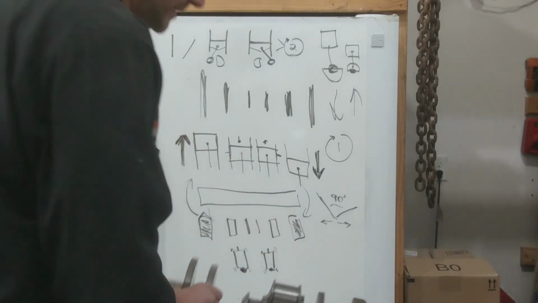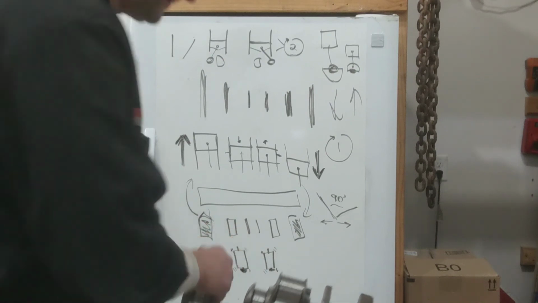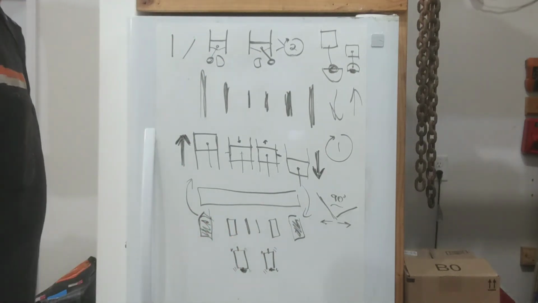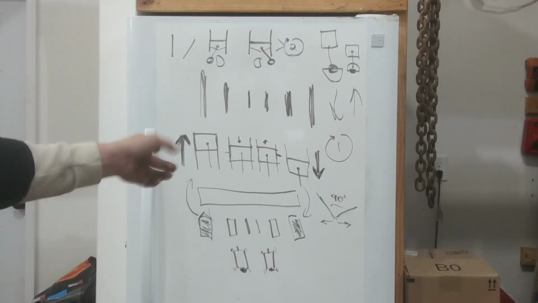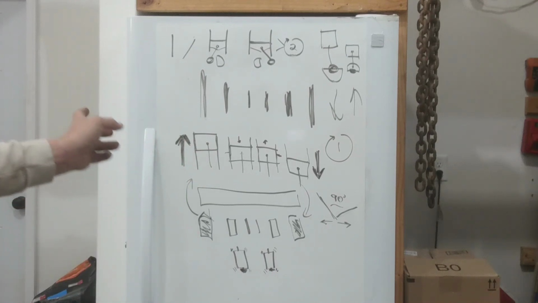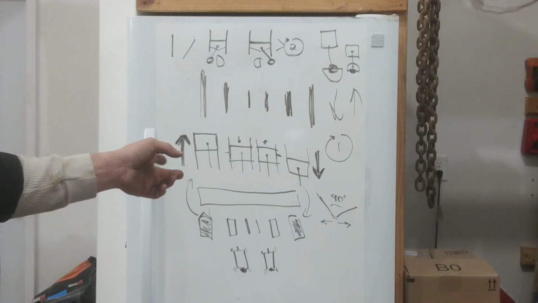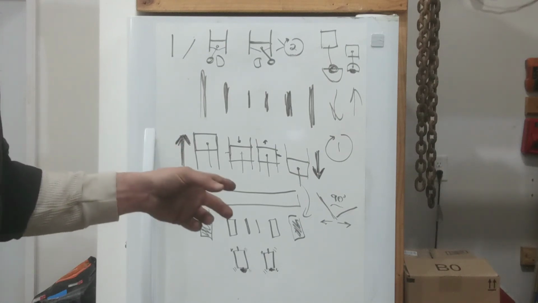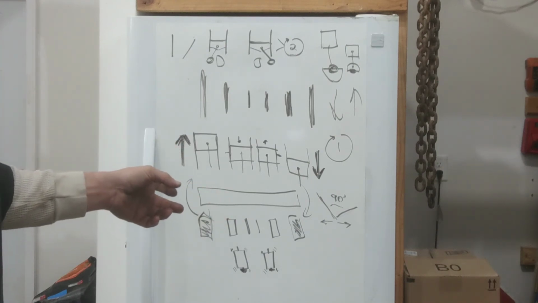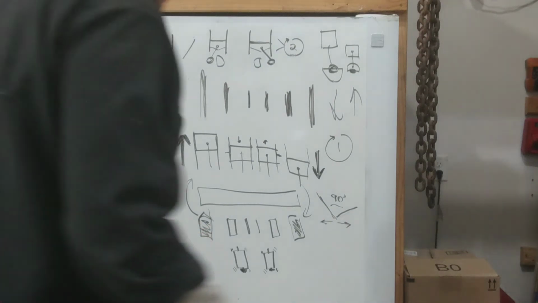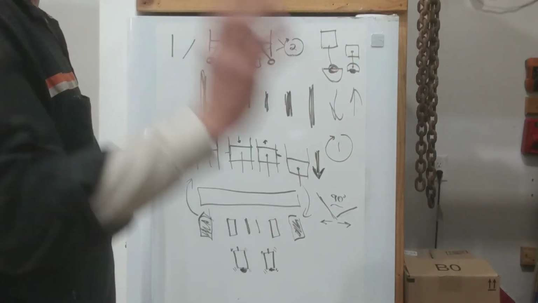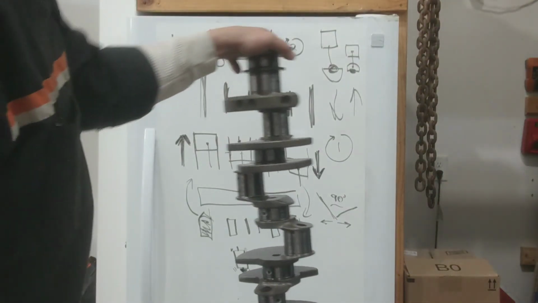But this is a cross-plane crank, so it's going to have that rocking couple. You want to get rid of the rocking couple? Get a flat plane. And if you really want to screw things up, get a Ford flat plane. That's a whole other story, a whole other ball game. Yeah, Ford really screwed the pooch on that one.